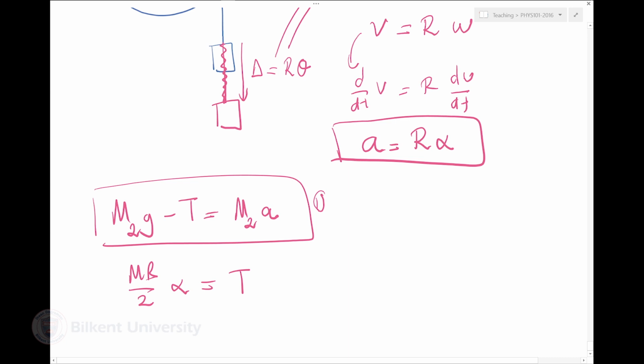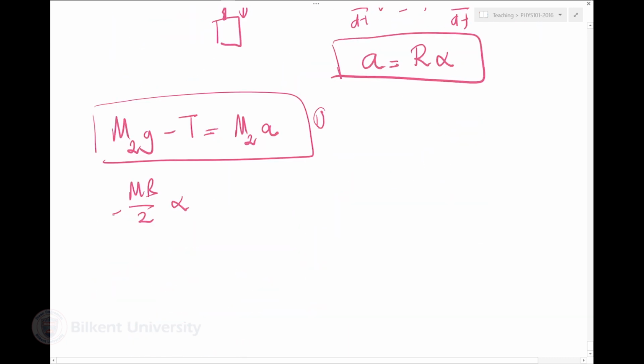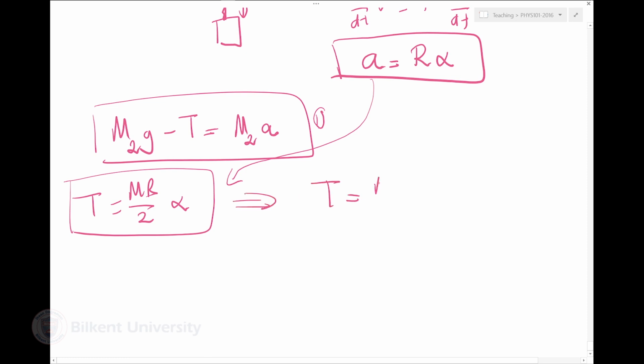Or let me write it in the other sense: T is equal to M1R over 2 alpha. Now, alpha is A over R. So it's going to be M over 2, R times alpha is A. T is equal to MA over 2.